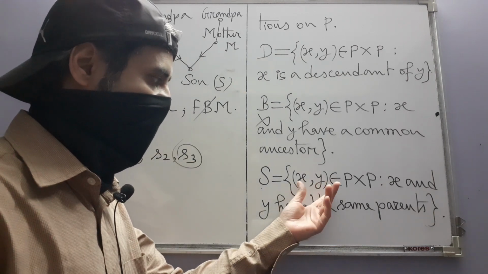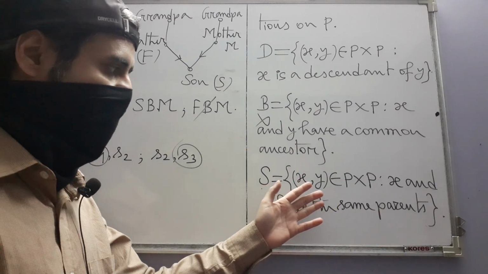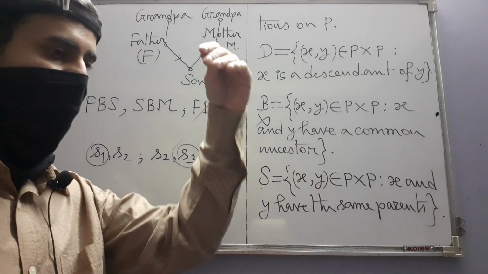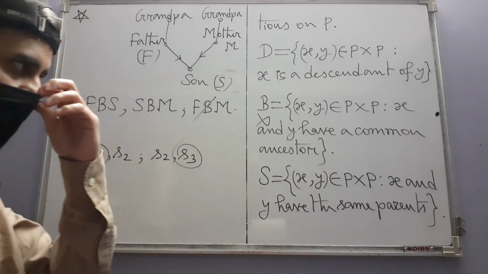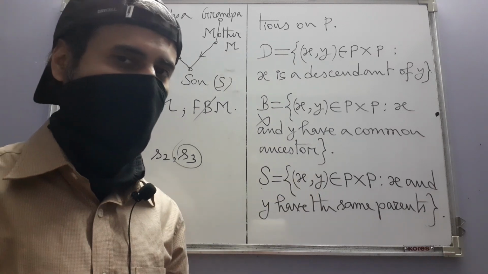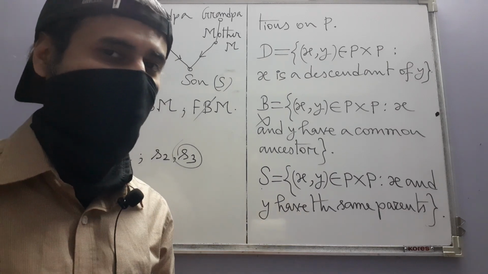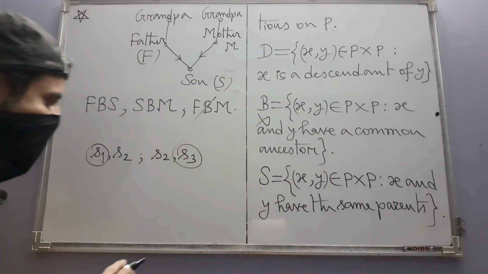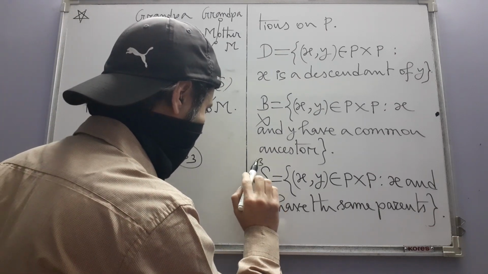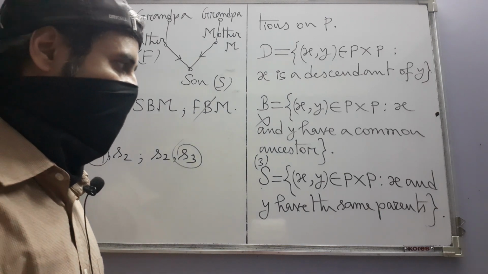So if you arbitrarily choose two persons who are not the same person, then they may not be siblings. If you choose someone from your house and someone from a neighboring house, you are not siblings, I hope. So that is why the S relation, although it satisfies transitivity, doesn't satisfy comparability or non-reflexivity.